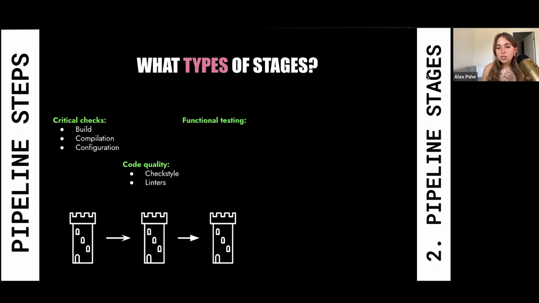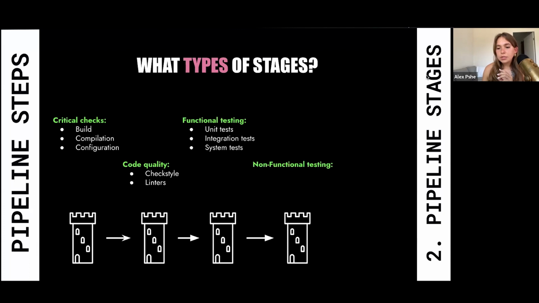The next stage is functional testing: unit tests normally, based on our testing pyramid, integration tests, system tests. I think it's something basic, so you already know it. The next stage is non-functional testing, a bit less popular because still not everyone has non-functional checks as part of the CI/CD pipeline.